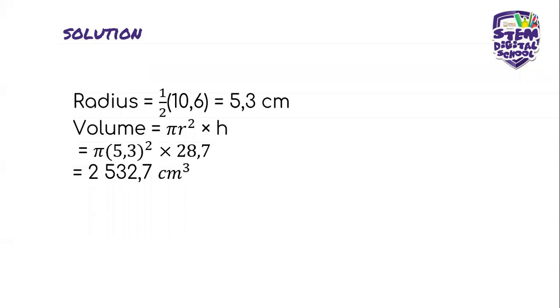Therefore, your volume will be equal to 2,532,7 cubic centimeters. So that will be the volume of the cylinder we are talking about.